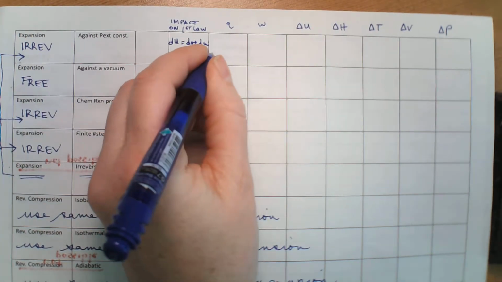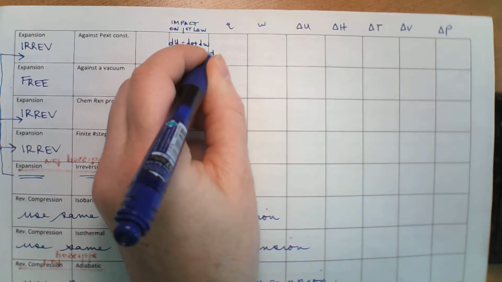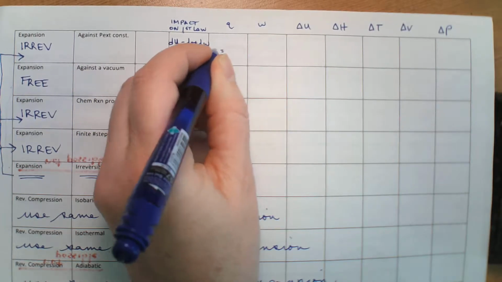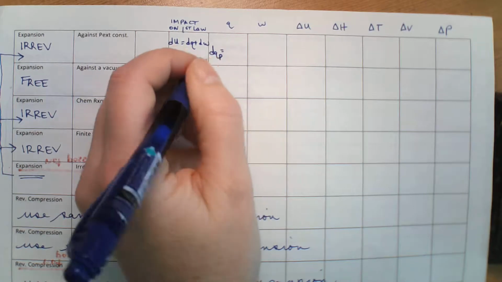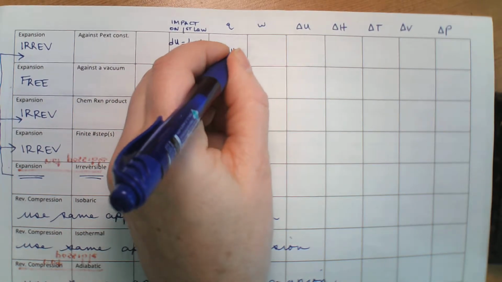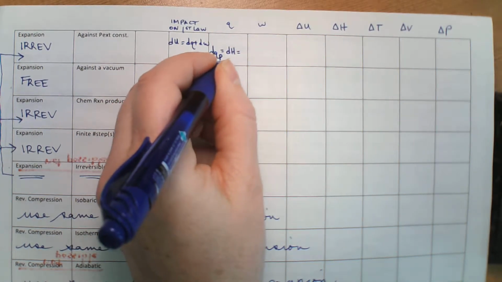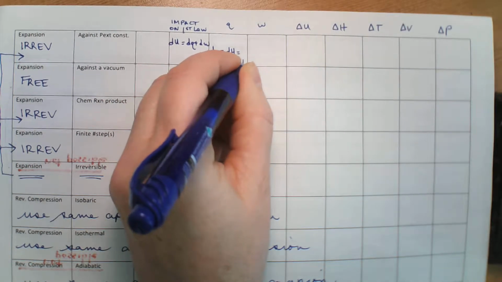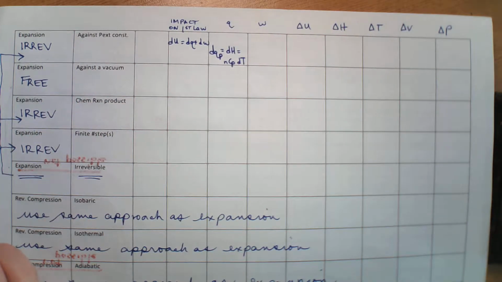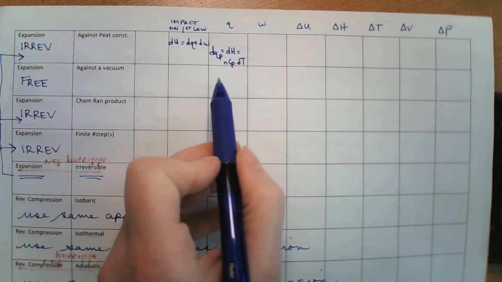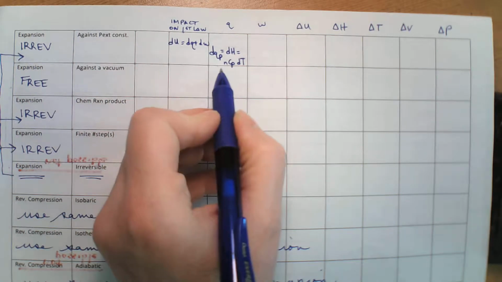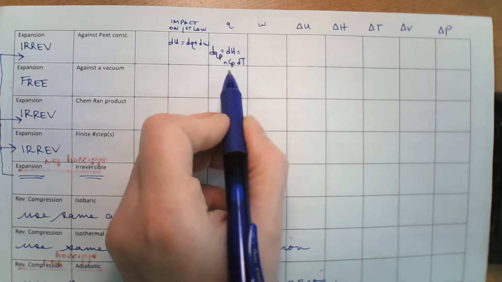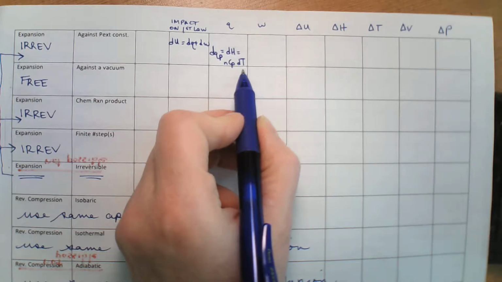The dq is going to be dq sub p, and that, of course, at a constant pressure is equal to the dH, and that will be n Cp dT. And so you can integrate that, therefore, and the q will be equal to the delta H will be equal to n Cp delta T.